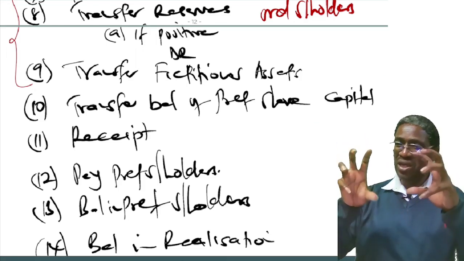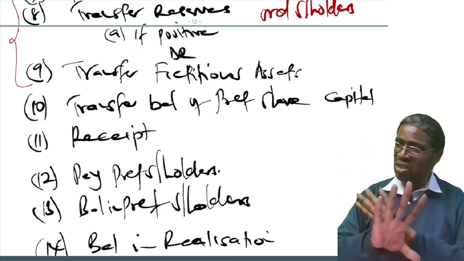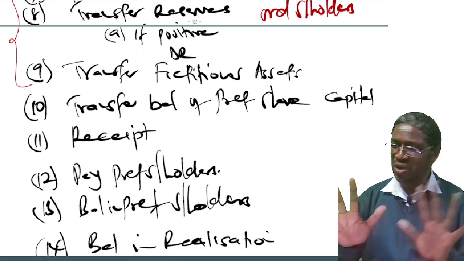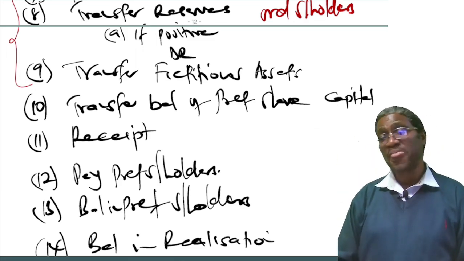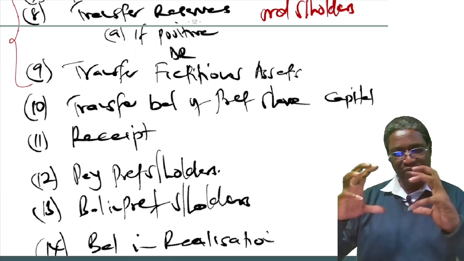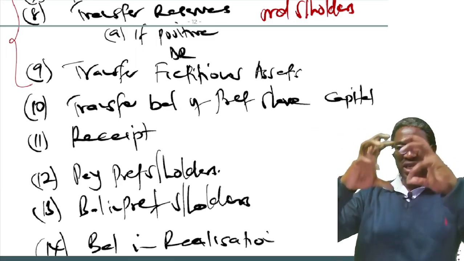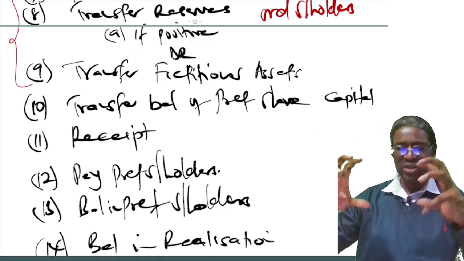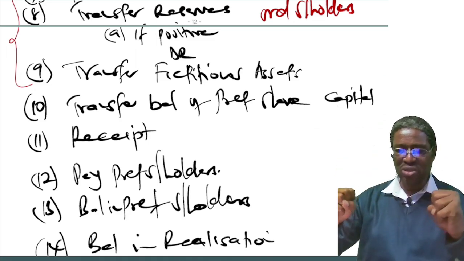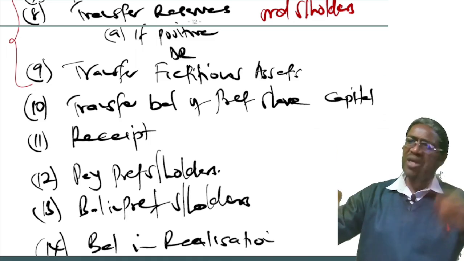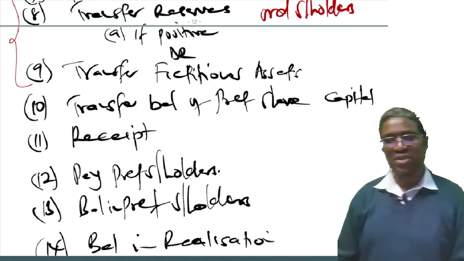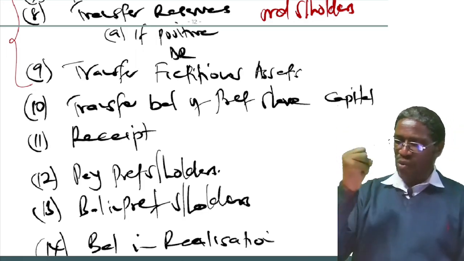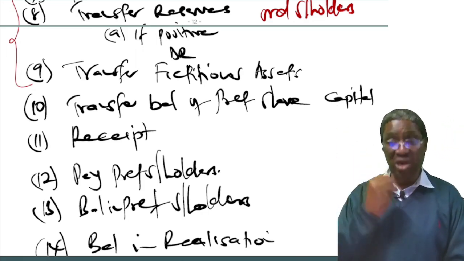Then you get the balance in the realization, saying whether you are selling your business at a gain or loss. Then finally you pay the ordinary shareholders. I hope you are getting the flow. Closing the books, creating the liabilities for the stakeholders, receiving the purchase consideration. Once you receive, start paying the stakeholders what is due to them. Okay? Good. That is the flow I want you to understand, not to cram.